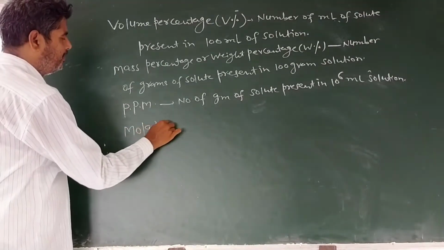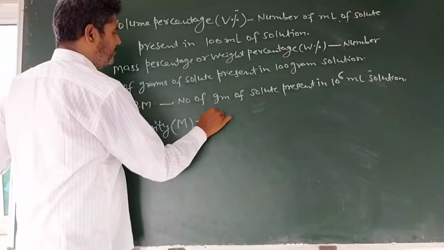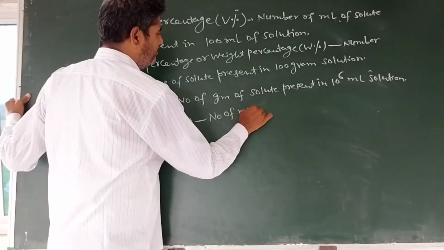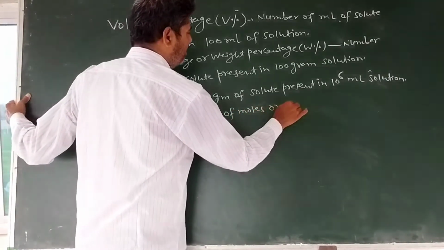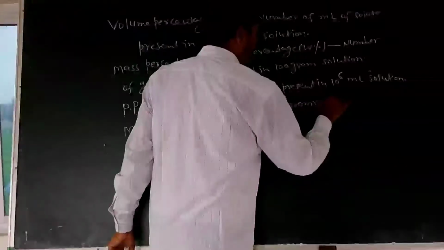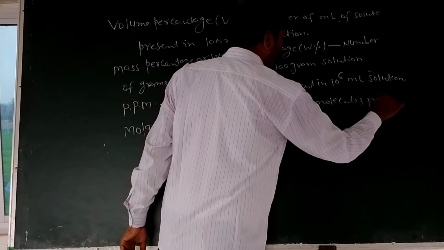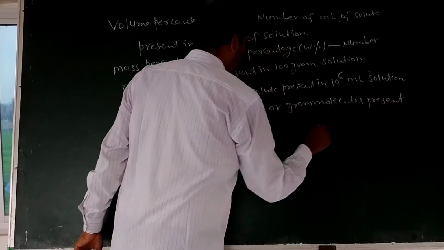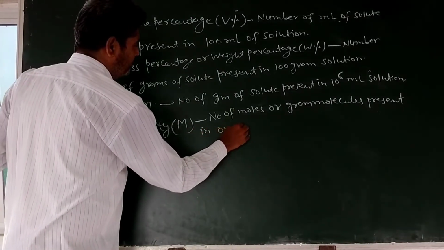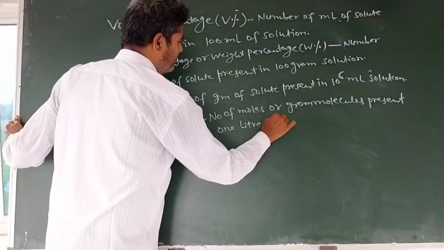Molarity, represented by capital M: number of moles or gram molecules present in 1 liter of solution.